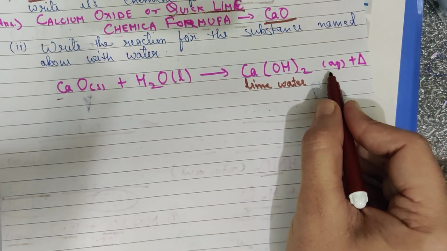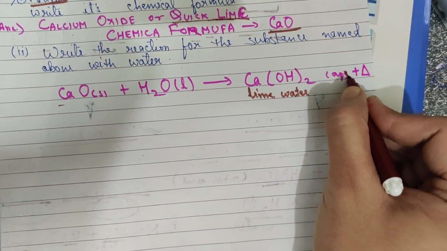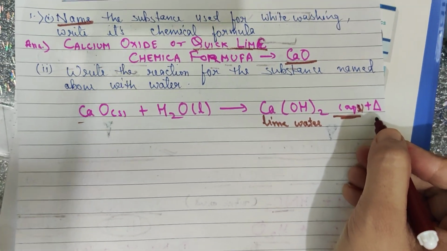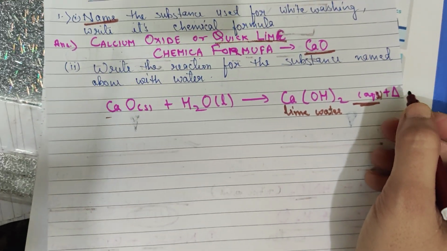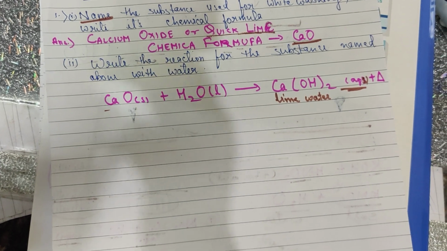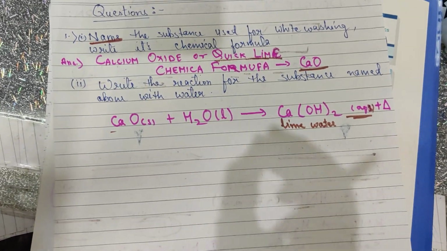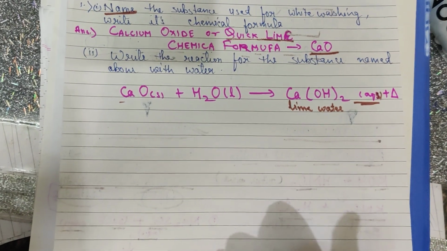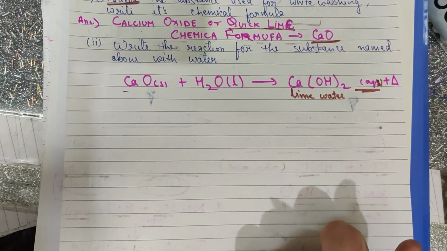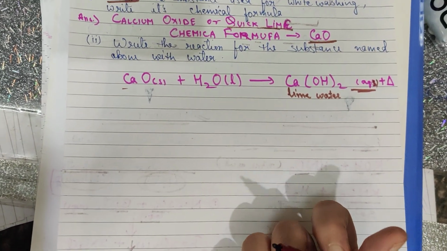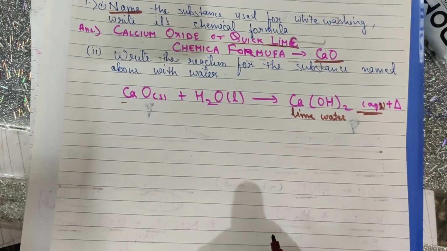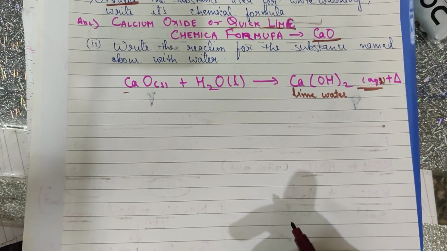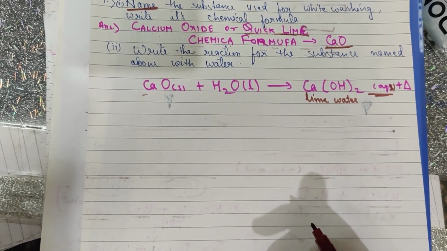Since it is in dissolved state, aqueous is written here, and this delta sign indicates that heat is evolved in this reaction. You can observe this also, children. Whenever chuna or quicklime is added to water, the entire container turns hot, because the reaction proceeds with the liberation of heat, and whenever heat is evolved or liberated, the reaction is known as exothermic reaction.